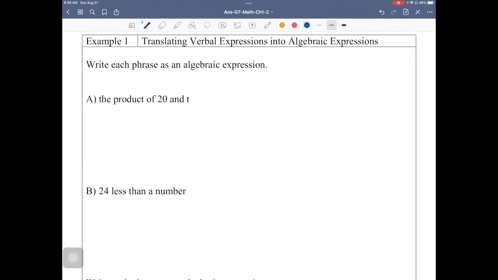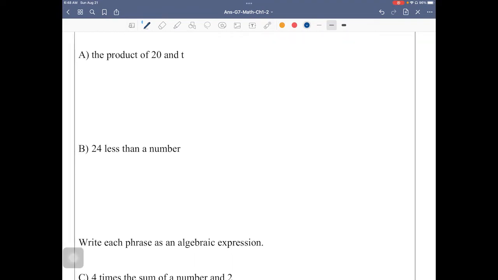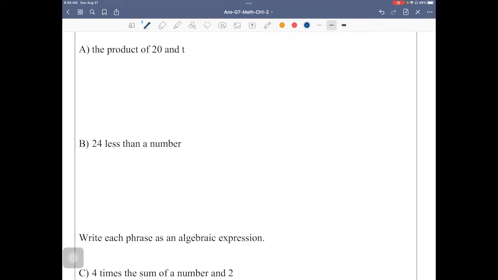So now I want to translate each phrase into an algebraic expression. The product means multiplication. So the product of 20 and t equals 20t because the product means multiply.